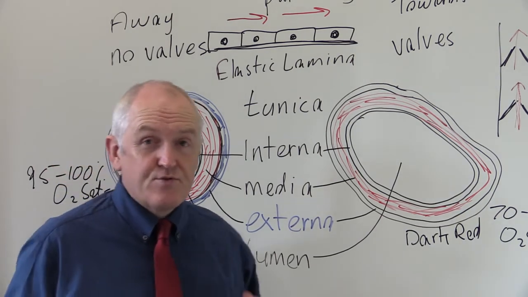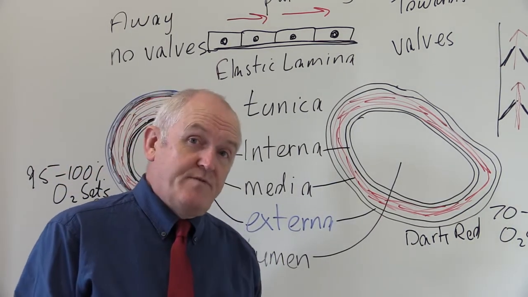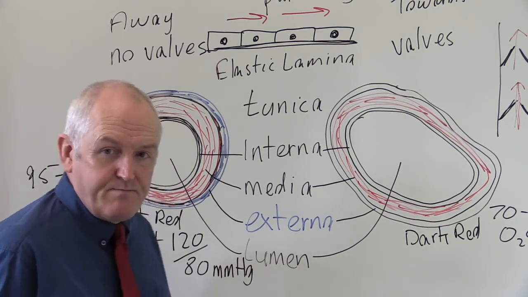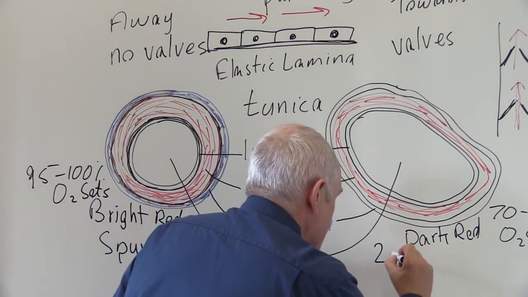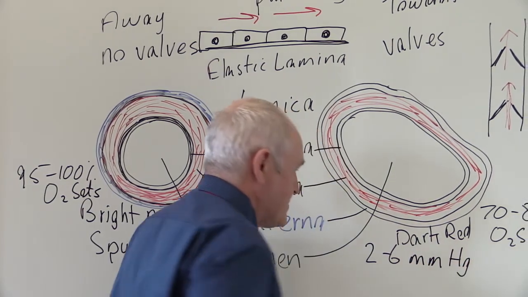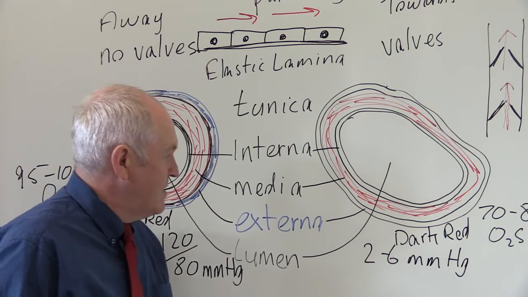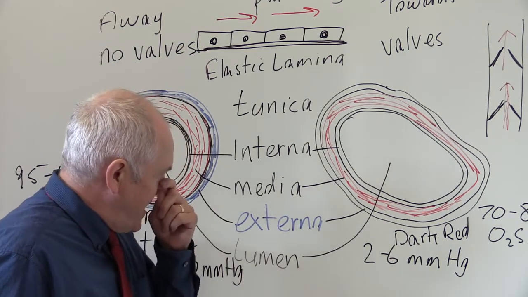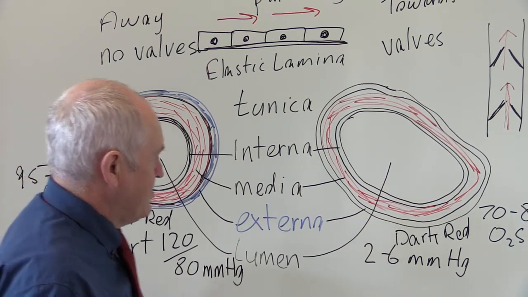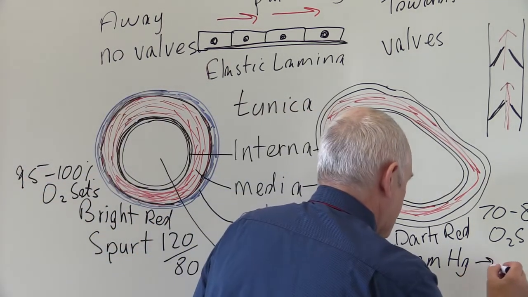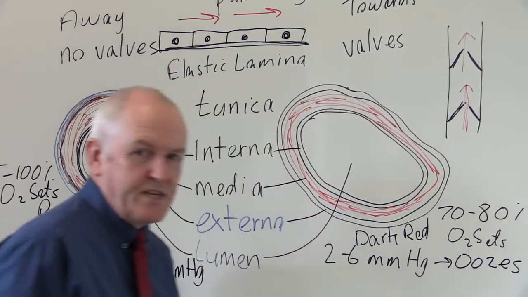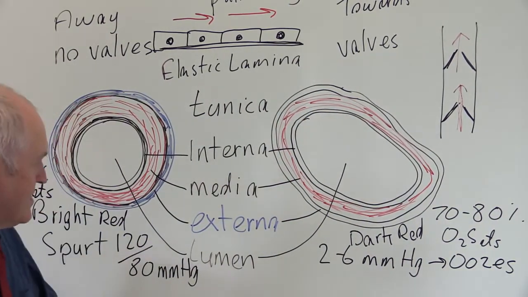So if we look at the central venous pressure, the pressure of the blood in the vena cava, for example, we would normally find that that's perhaps 2 to 6 millimeters of mercury. So we see that the pressure of the blood in the veins is significantly less, and that's why the blood will just ooze out if cut.